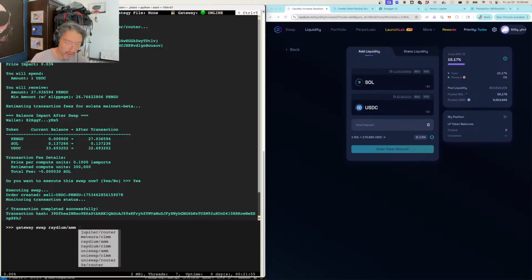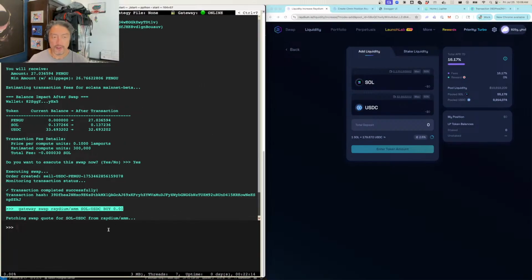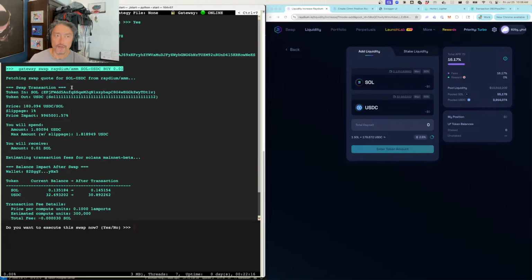We can actually do placeholder mode, so we don't have to do interactive. We can just do it like this, and then let's say we want to buy 0.01 SOL, which is about $2 right now. This will skip the interactive mode and just fetch a quote directly.